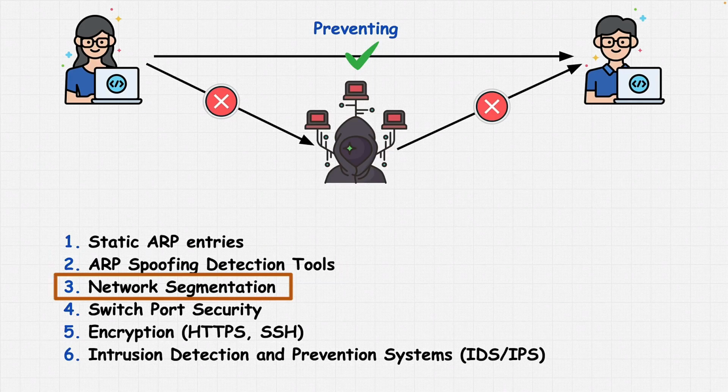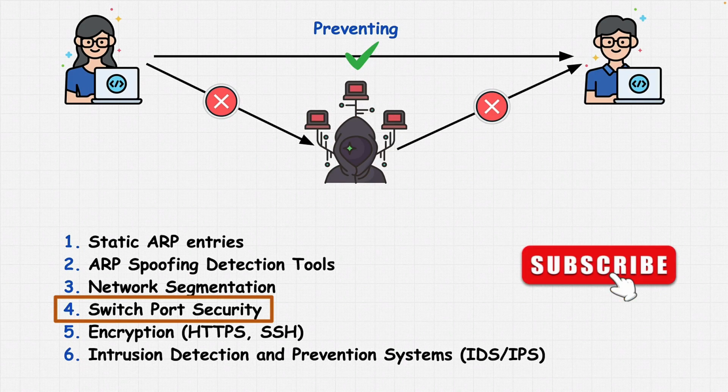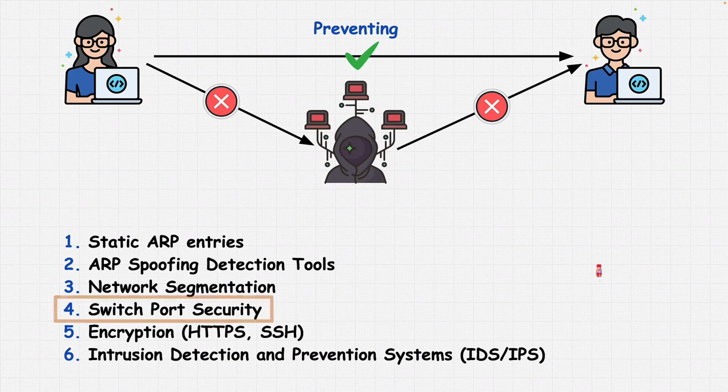Network segmentation is another good security measure. By segmenting the network into smaller subnets or using virtual LANs, you can limit the attacker's ability to poison ARP tables across the entire network. You also want to have switch port security, as many switches support port security features such as limiting the number of MAC addresses allowed on a single port, or binding MAC addresses to specific ports, which can prevent MAC spoofing.